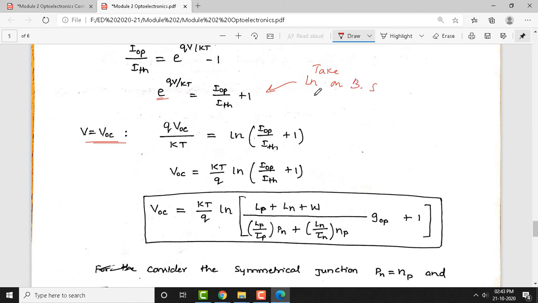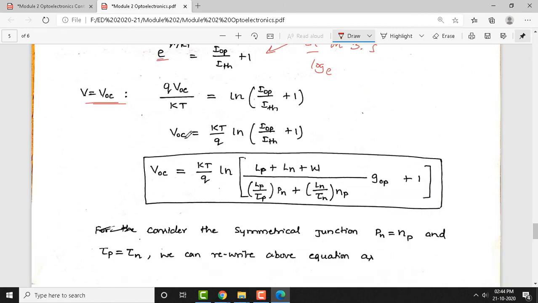Ln means log to the base e. If you take that, qV becomes qV_OC by kT, and on the other side we will have ln of I_op by I_th plus 1. We want only V_OC on the left hand side, that is the open circuit voltage. So, V_OC is equal to kT by q times ln of I_op by I_th plus 1.